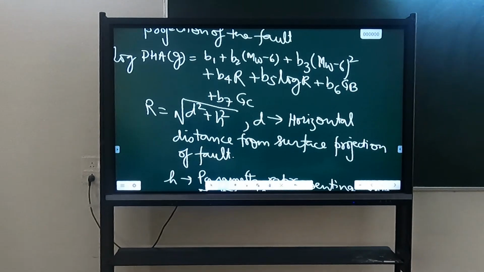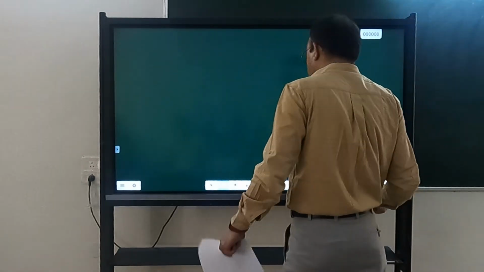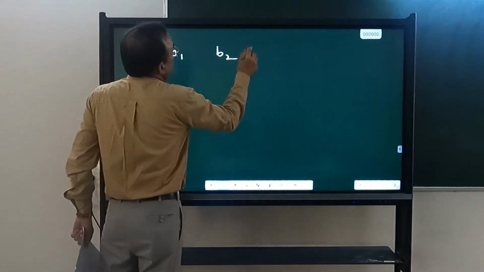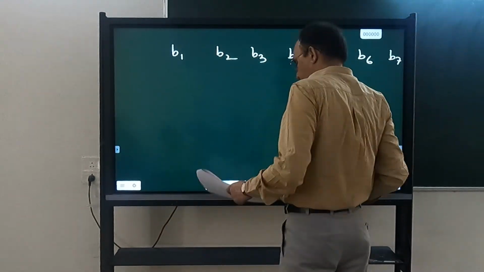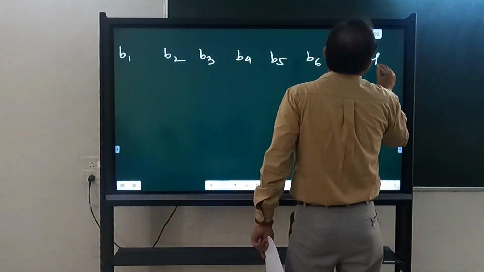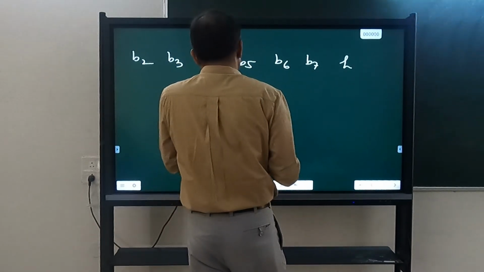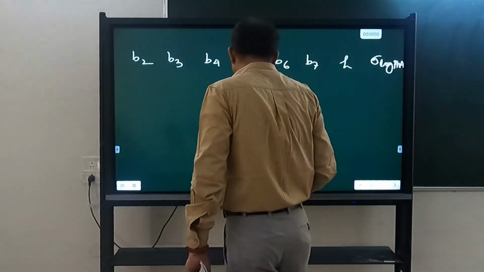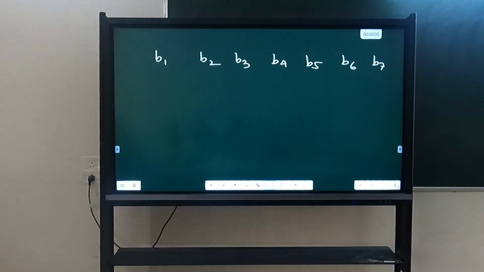By performing regression on this data, they came out with the values of these coefficients, B1, B2, B3, B4, B5, B6, B7, and also the parameter h and sigma log H, the standard deviation, which gives the goodness of fit, how well this was fit and what the variability was.